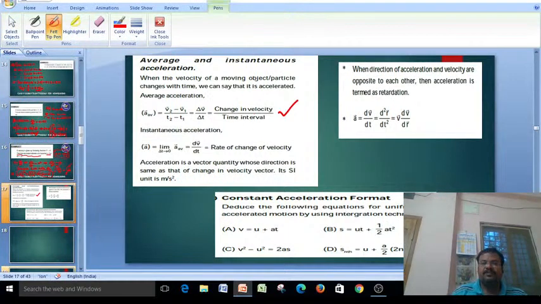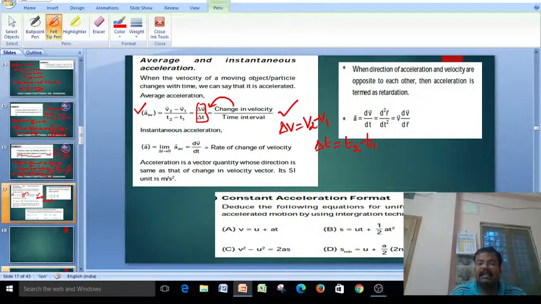Any change in a physical quantity you represent with deltas. So that is delta V divided by delta T. Delta V is the final velocity minus the initial velocity, and delta T is T2 minus T1. This is the average acceleration.